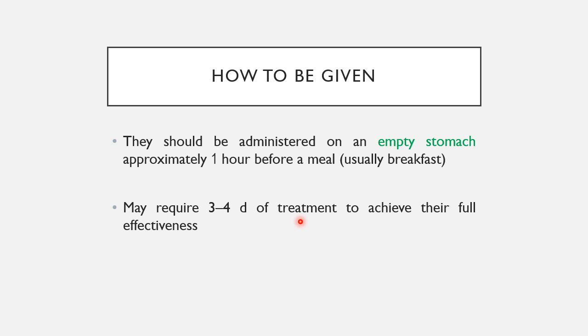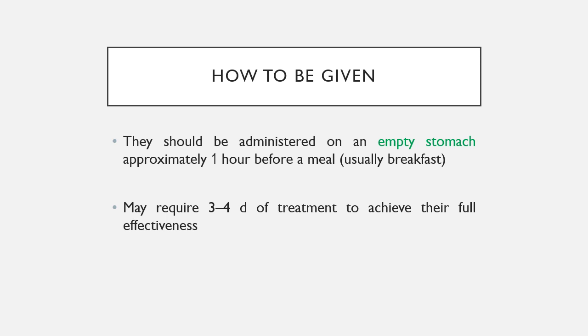And these drugs inactivate the acid pumps that are actively secreting. They are not effective on the non-secretory vesicles. They may require 3 to 4 days of treatment to achieve their full effectiveness, because all the pumps are not inactivated with a single dose. So the drug will require 3 to 4 days to show its complete action.